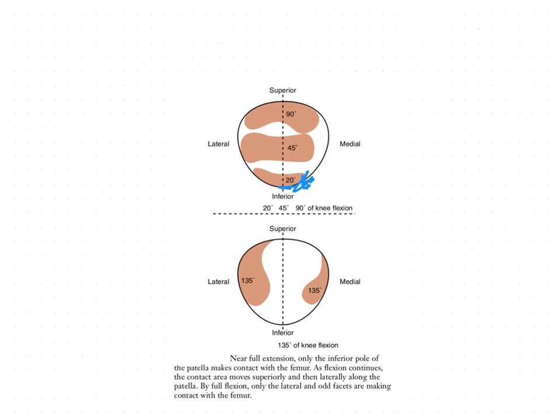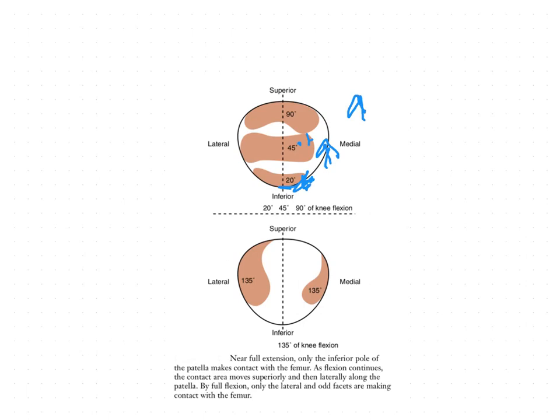As the tibiofemoral flexion progresses, the contact area increases and shifts from the initial inferior location to a more superior position along the posterior aspect of the patella.